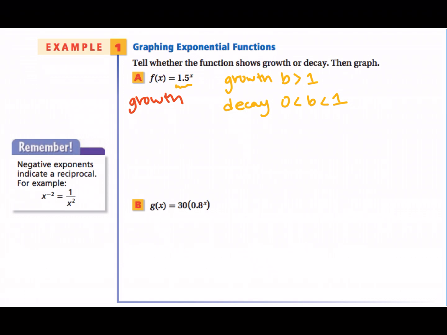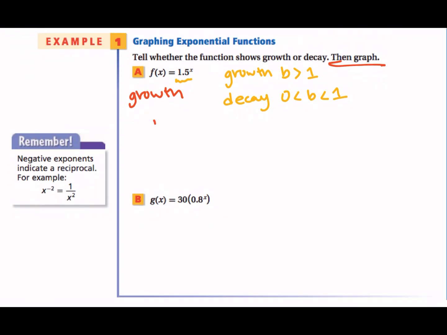All right, and then we want to graph our function. So we need to create a table of values and sketch it. So our table of values, we typically want to have values above the asymptote and below the asymptote. So I'm going to do -1, 0, and 1.